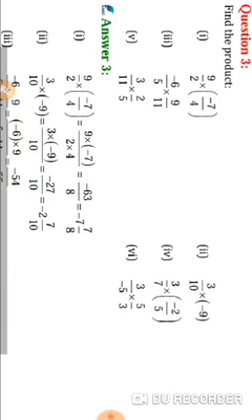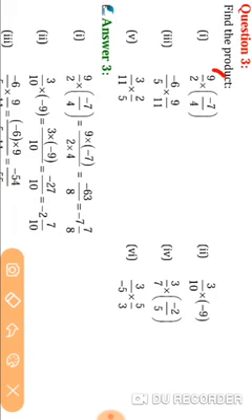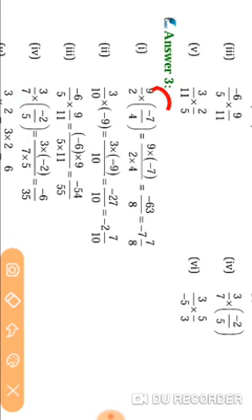Then find the product, same thing. Numerator to numerator you have to multiply, denominator to denominator you have to multiply. See, 9 7s are 63, minus, because you know the multiplication rule of integers. Plus into minus is minus, so minus 63 by 8.